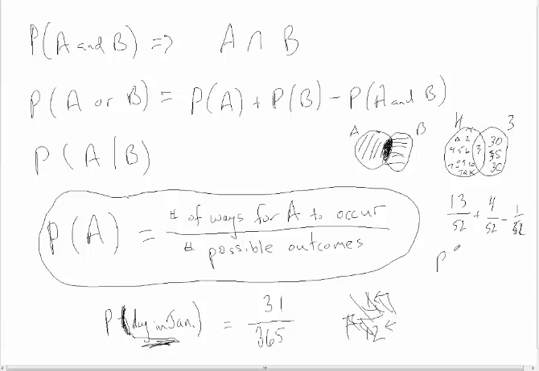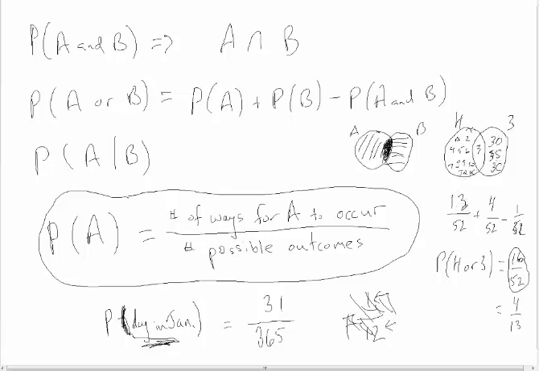So the probability of drawing a heart or a 3 ends up being 16/52, or reducing that, 4 out of 13. Okay, so here what this means is there are 16 distinct cards that are hearts or 3s. So the 13 that are hearts plus the extra 3 3s that aren't hearts.